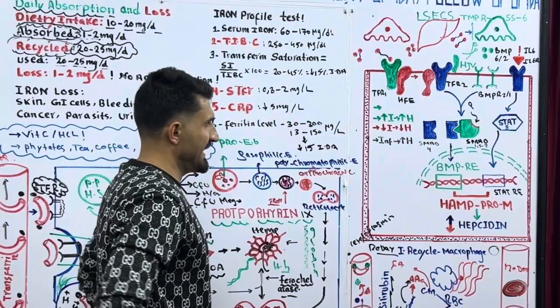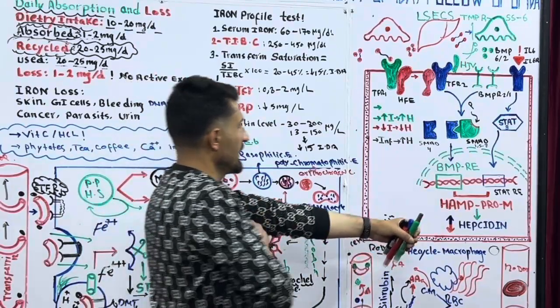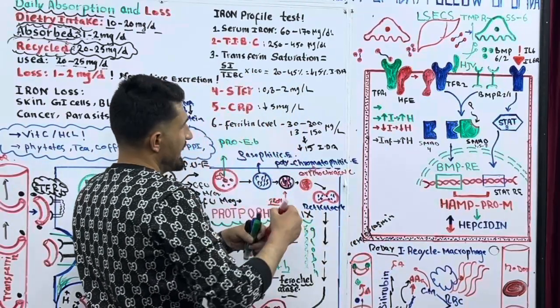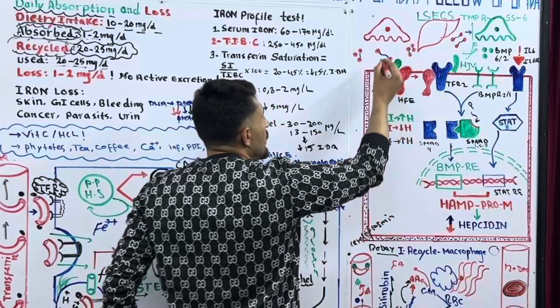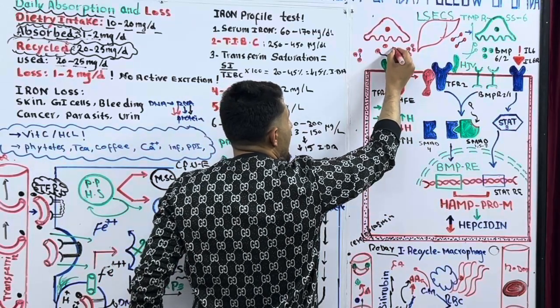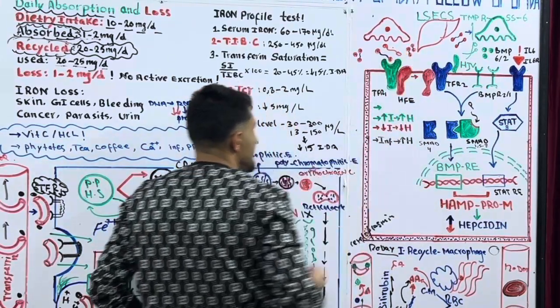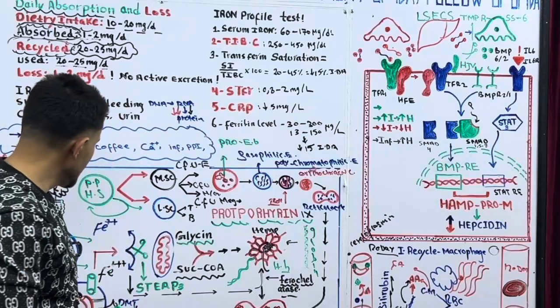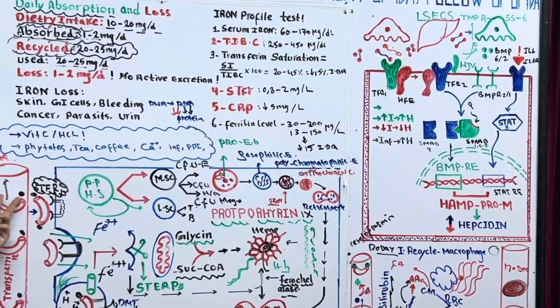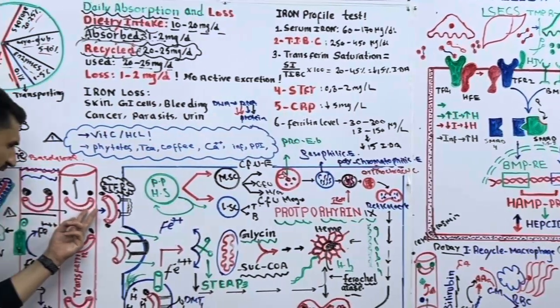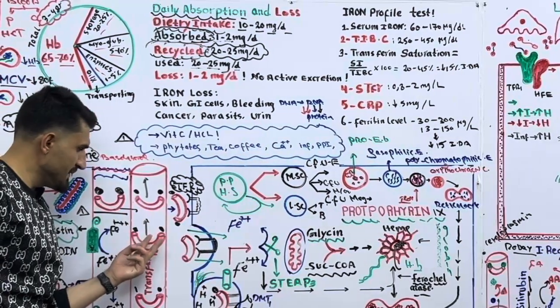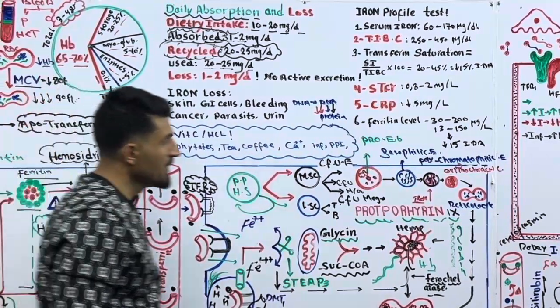So let me explain its mechanism because it's very important. Okay, now listen to me carefully, this is too easy. Sometimes we have two irons in transferrin, sometimes we have only one iron.